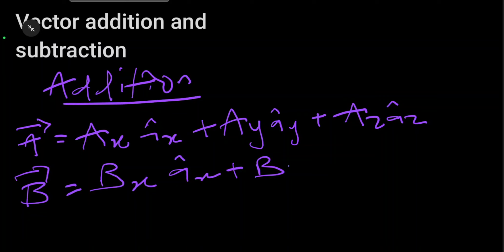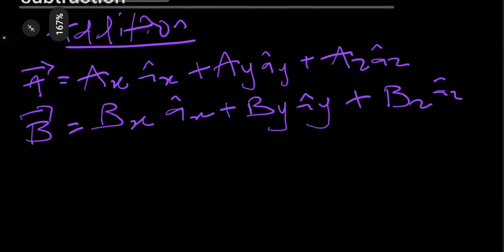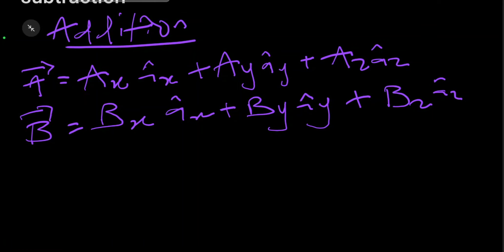In my previous videos I explained this whole thing, so I'm only going to talk about addition and subtraction today. If we're asked to sum up these two vectors, let's say we're going to have the answer C.